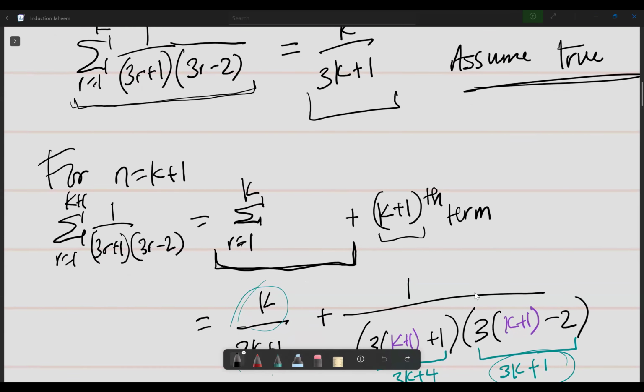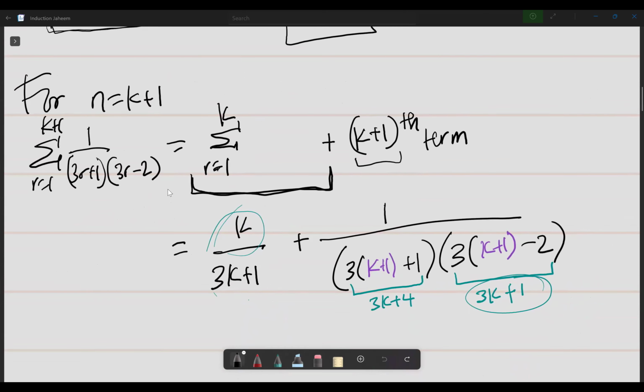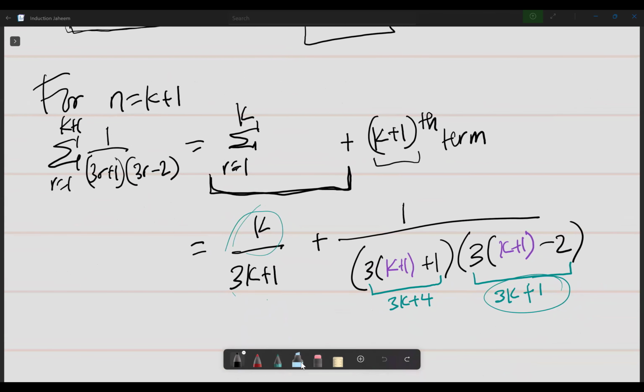Now this is where you have to separate the mathematicians from the people who are trying. We have n equal k plus 1. This is where you're going to do induction. So the step is that we're going up to k plus 1 now.